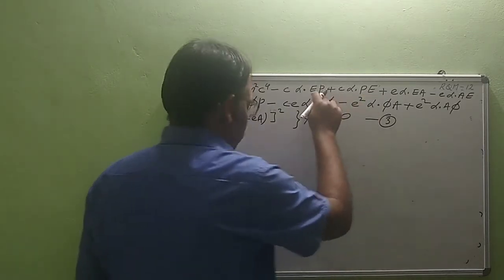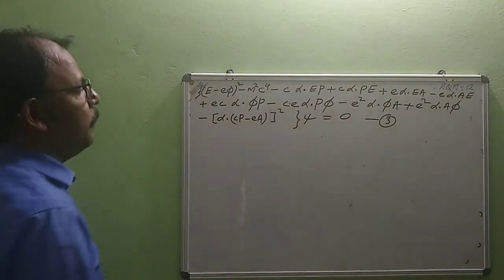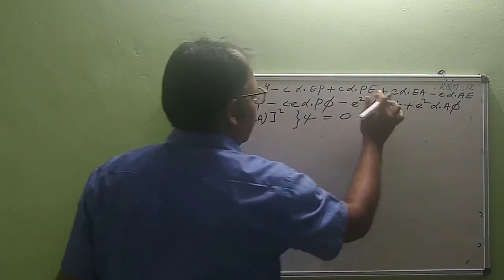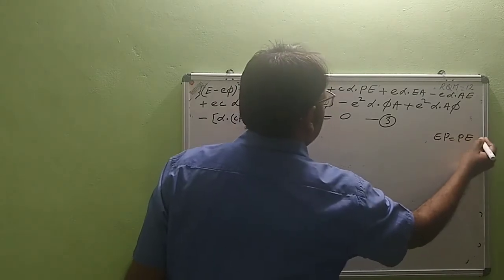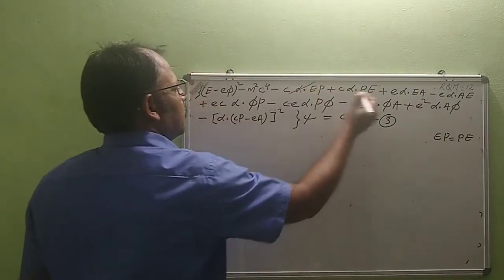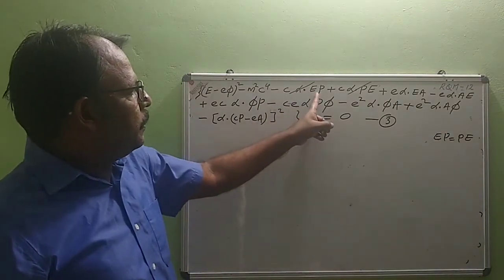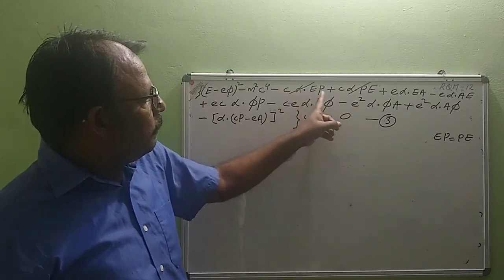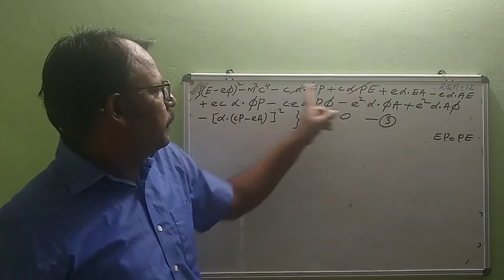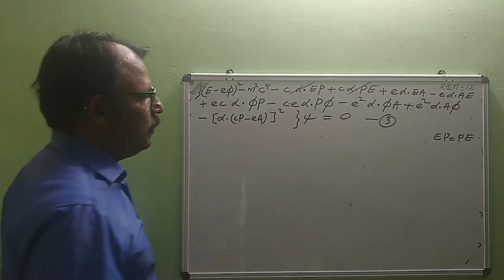So EP is the same as PE, and these two terms will get cancelled. Minus C alpha dot EP is the same as C alpha dot P. Here minus and plus, so those two terms will cancel each other.